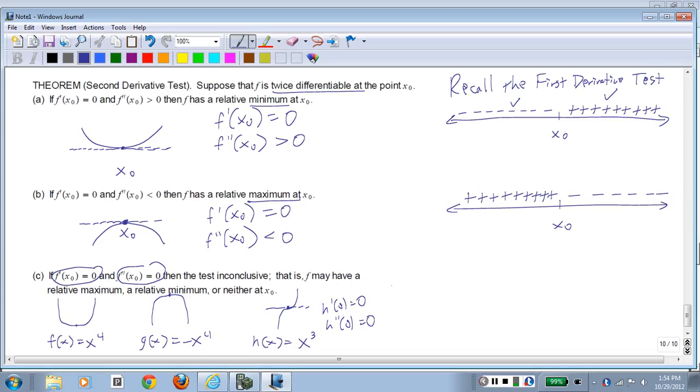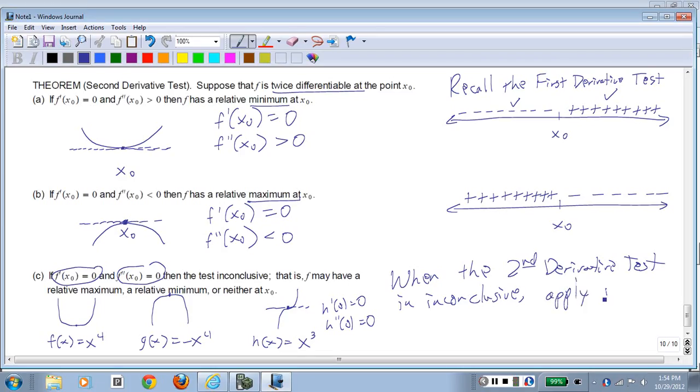When the second derivative test is inconclusive, apply the first derivative test.